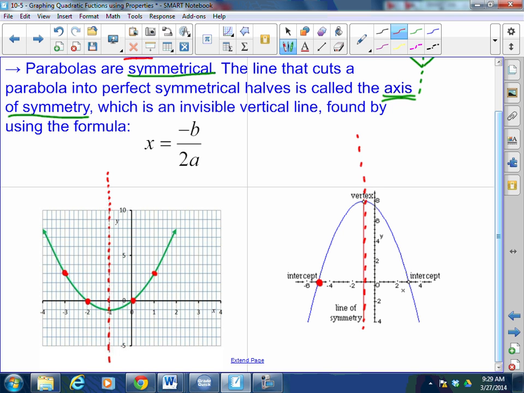Oh, because I doubled that one. 1, 2, 3, 4, 5, 6, 7, 8, 9, 10 to the right from the axis of symmetry. They will always be like that. Once you have the axis of symmetry, it cuts it in perfect halves, and you can create what are called mirror image points. You with me? Okay. May I continue? Thank you.